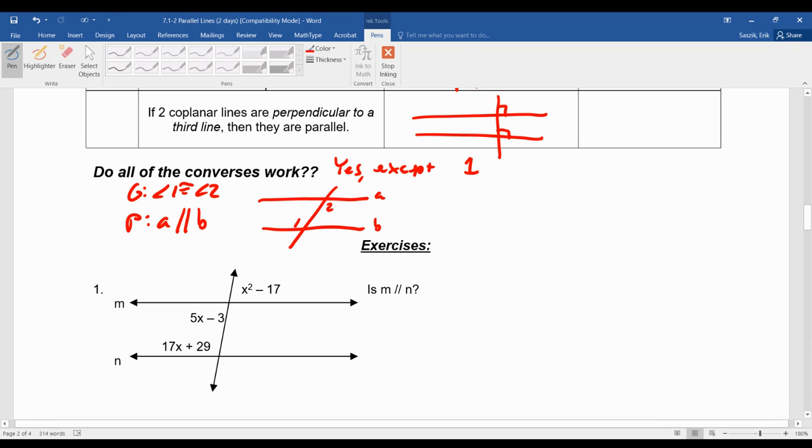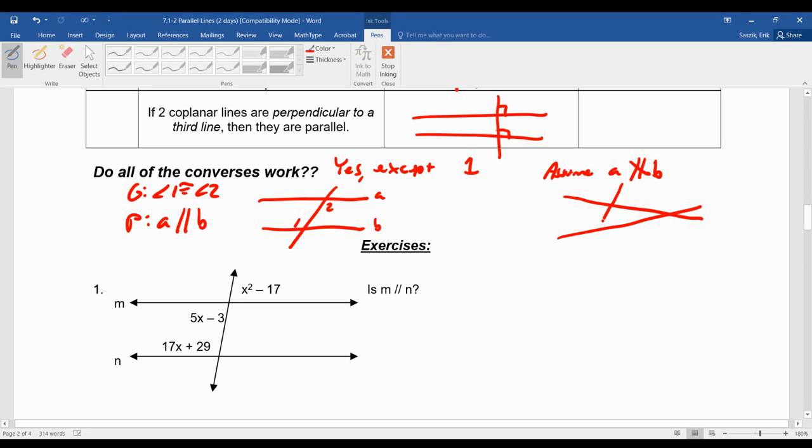I'm just going to kind of talk through this proof a little bit. What we're going to do is do this proof indirectly. Check this out. To do an indirect proof, we would have to assume, I'm not going to write out this whole thing, just so you know, assume that A is not parallel to B. Well, if A is not parallel to B, that means they would have to cross at some point, right?